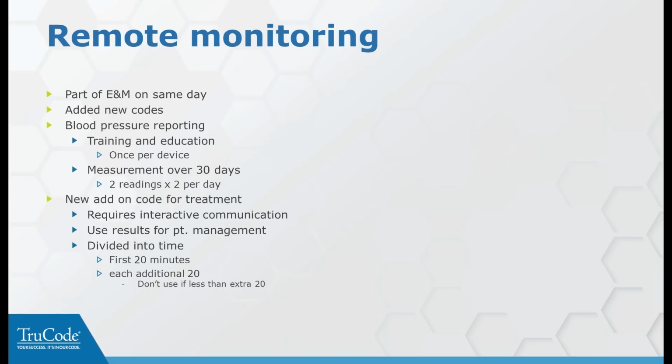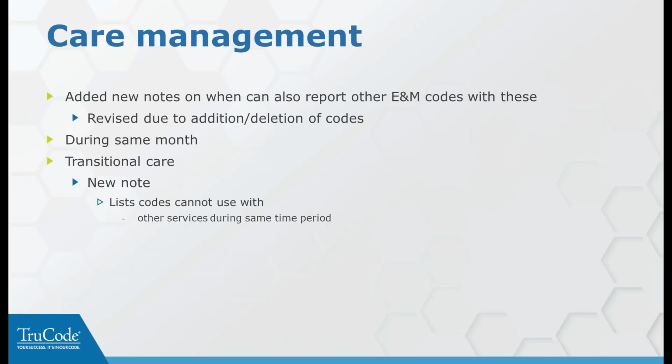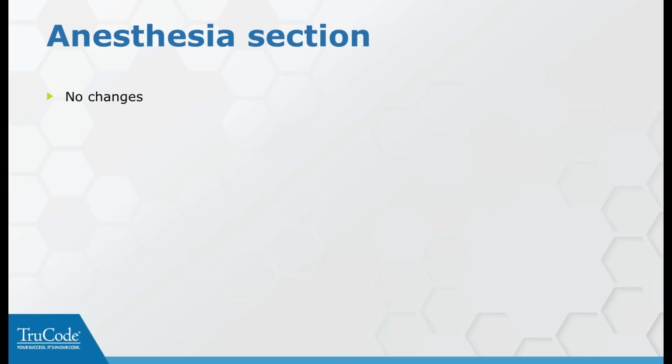So they came up with codes for those evaluations as well, because again, there's kind of an E&M type of code there. And then all of the care management services toward the back of the E&M section, all of those have basically just notes to remind us about when you can and cannot use those in conjunction with any other code. So that's the basic stuff in the E&M section.